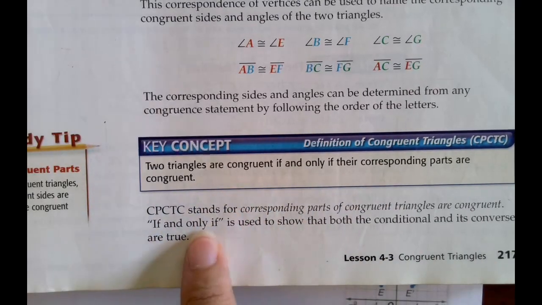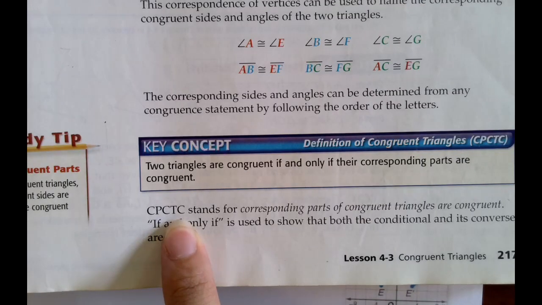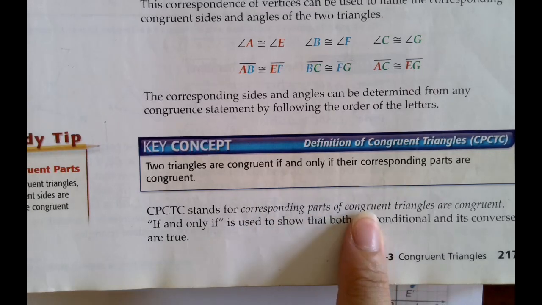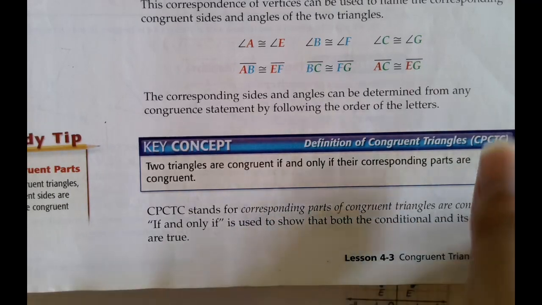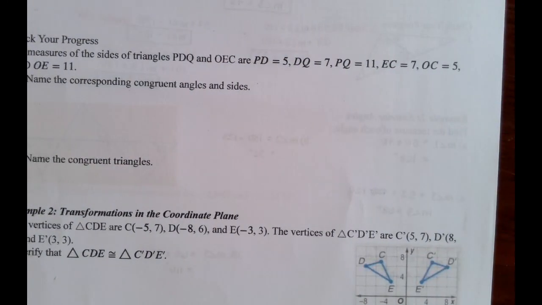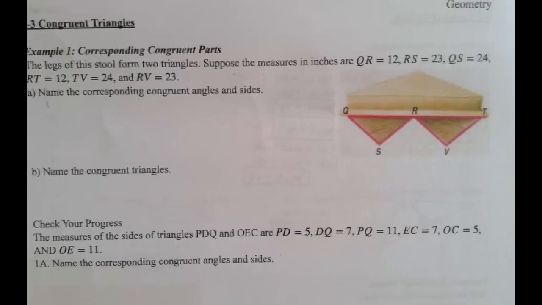Okay? Which leads us to something that we often say as CPCTC, and what it means is that corresponding parts of congruent triangles are congruent. Okay, so once we know that triangles are congruent, the parts that correspond with each other are going to be congruent, have the same measures. Okay. So here we go.